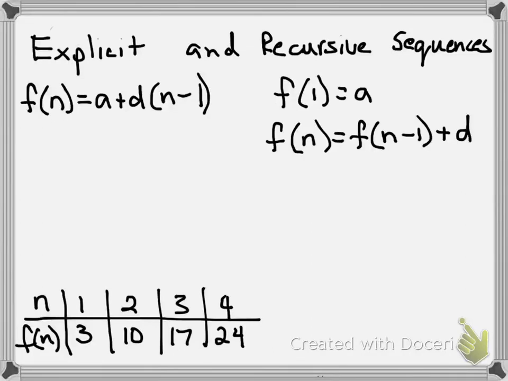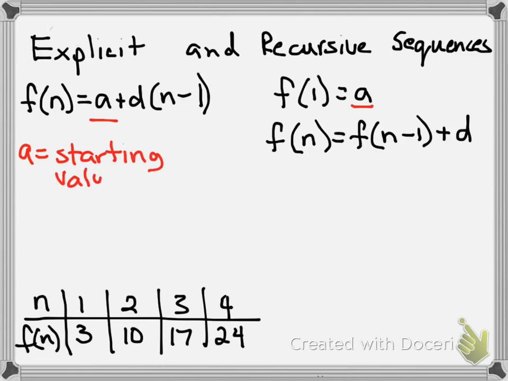Okay, so we're going to start this week by reviewing what we introduced last week, which was the concept of explicit and recursive sequences. And to start off, there are common things between the two types of sequences. This concept of A. A is a starting value in some input-output chart.